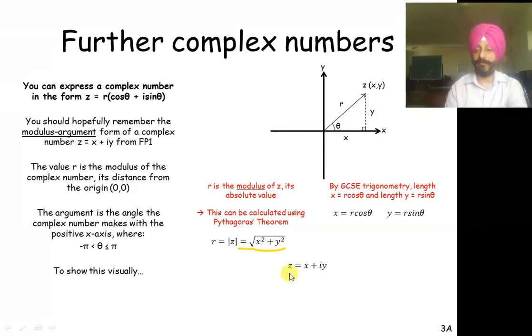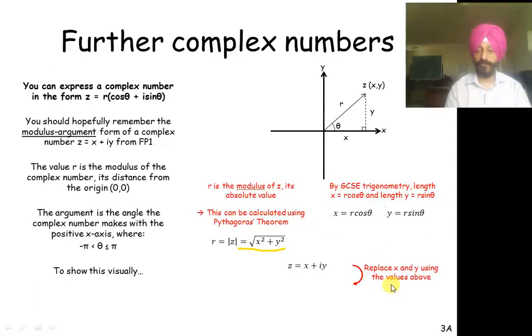And then z is equal to x plus iota y. We know that z is equal to x plus iota y, so we substitute the value. Replace which value? This value: x is equal to r cos theta and y is equal to r sin theta. When we replace, z is equal to r cos theta plus iota r sin theta, and this can be written as z is equal to r common, cos theta plus iota sin theta.